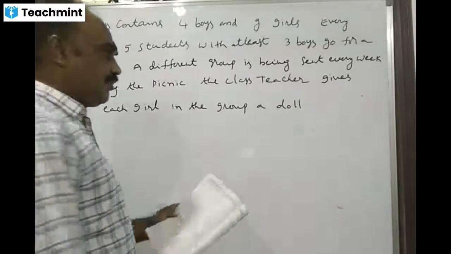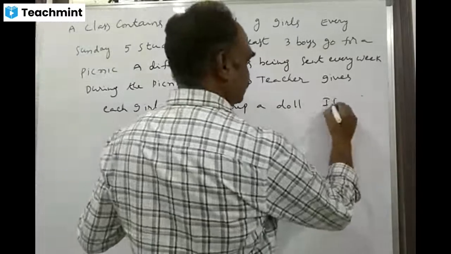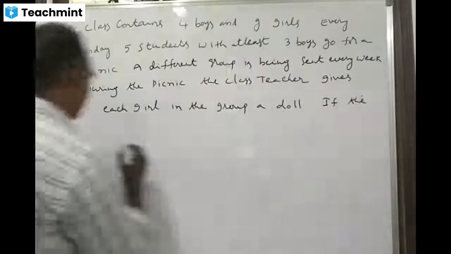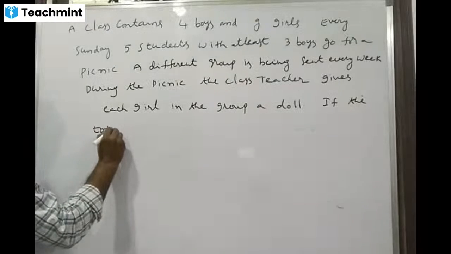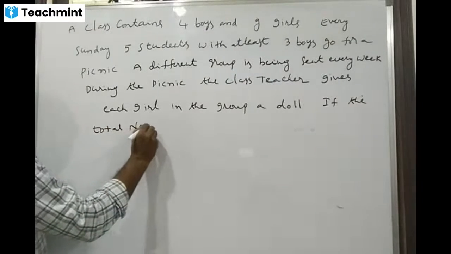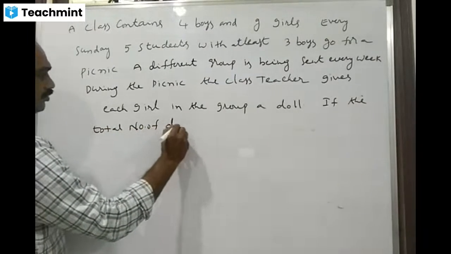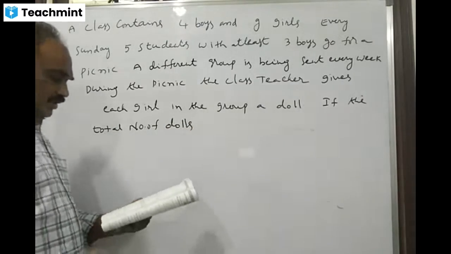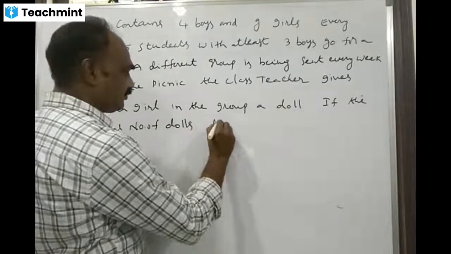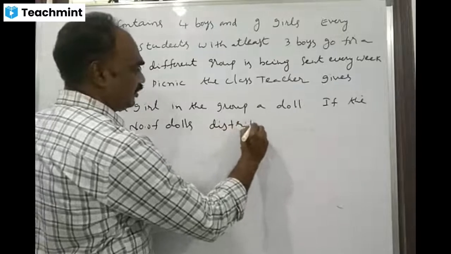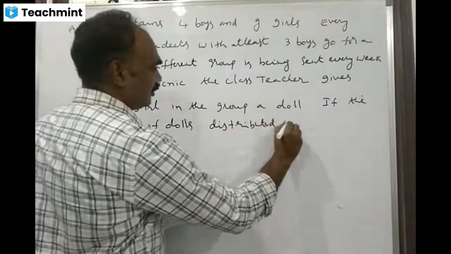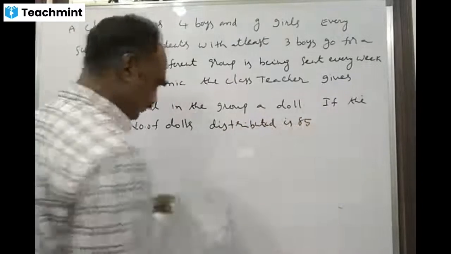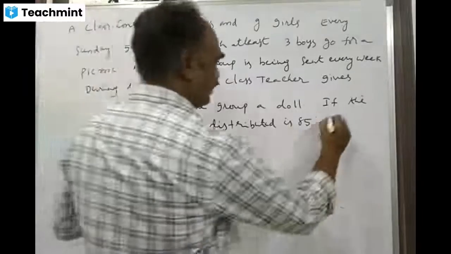If the total number of dolls distributed is 85, find G.